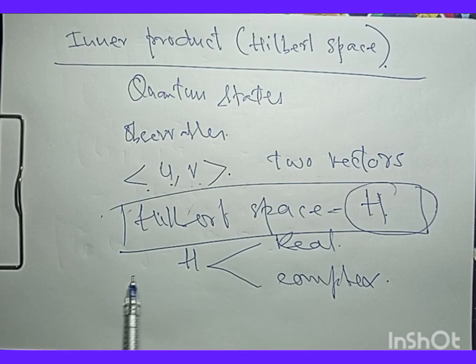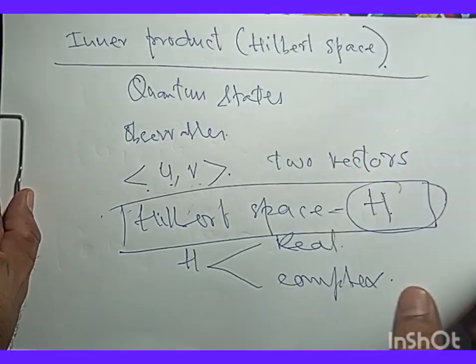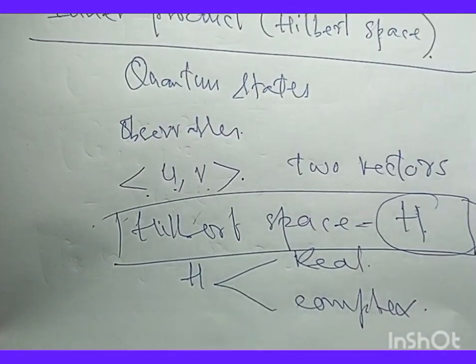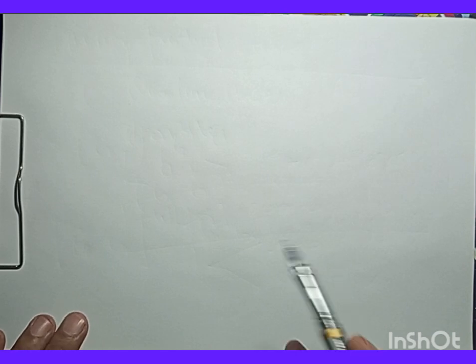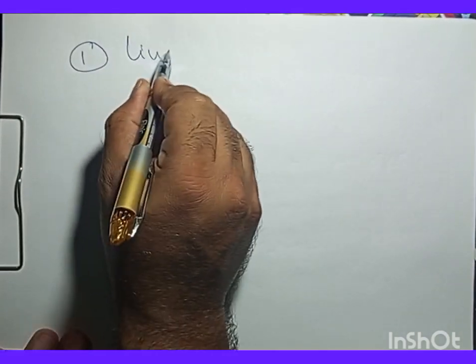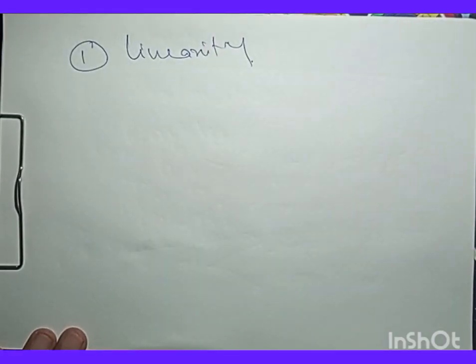Now let's talk about some mathematical properties that are linked with this inner product of u and v. The very first important thing is linearity. This inner product between the two vectors is linear in the first argument.